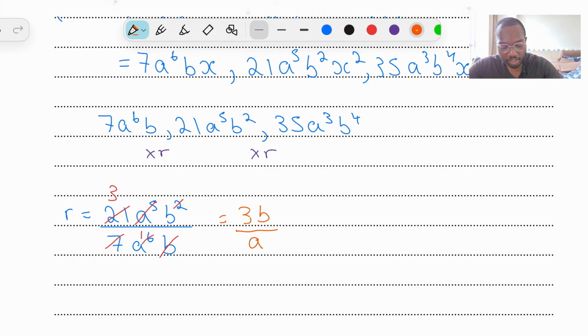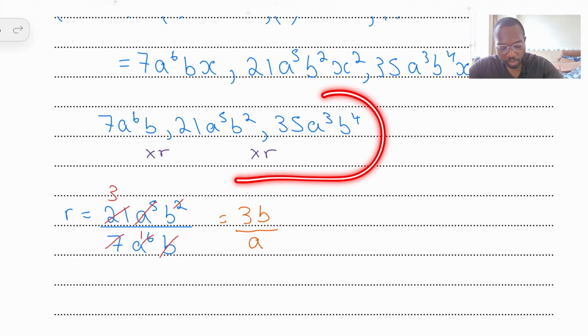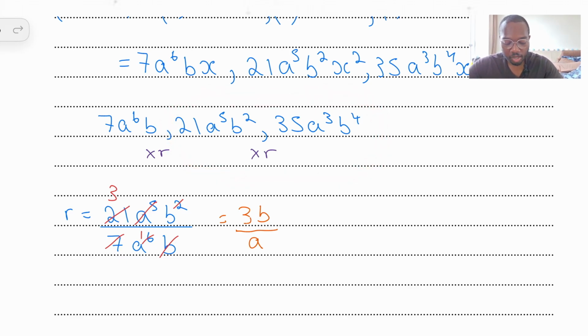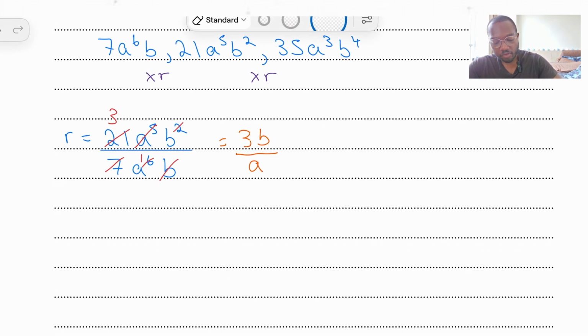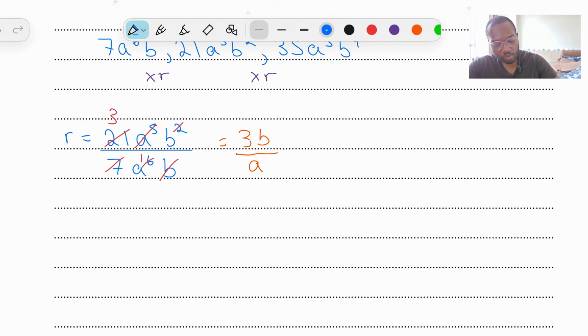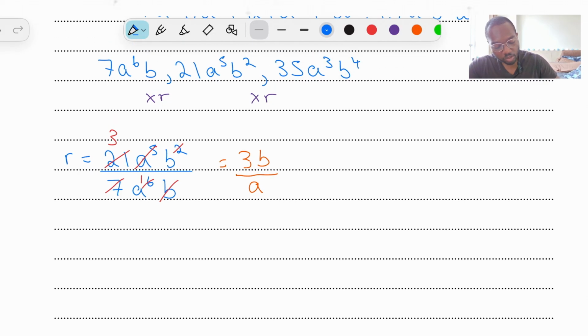Now we're going to do the same thing with this one here, okay? So we know that 21a to the 5b squared times r is equal to 35a cubed b to the 4. So therefore, for this one here, we would get r is equal to 35a to the 3b to the 4 over 21a to the 5b squared.